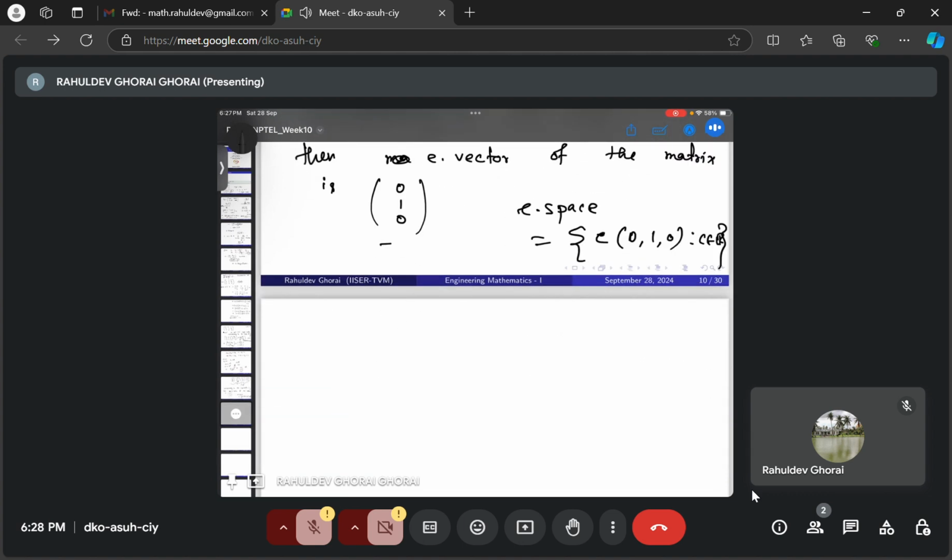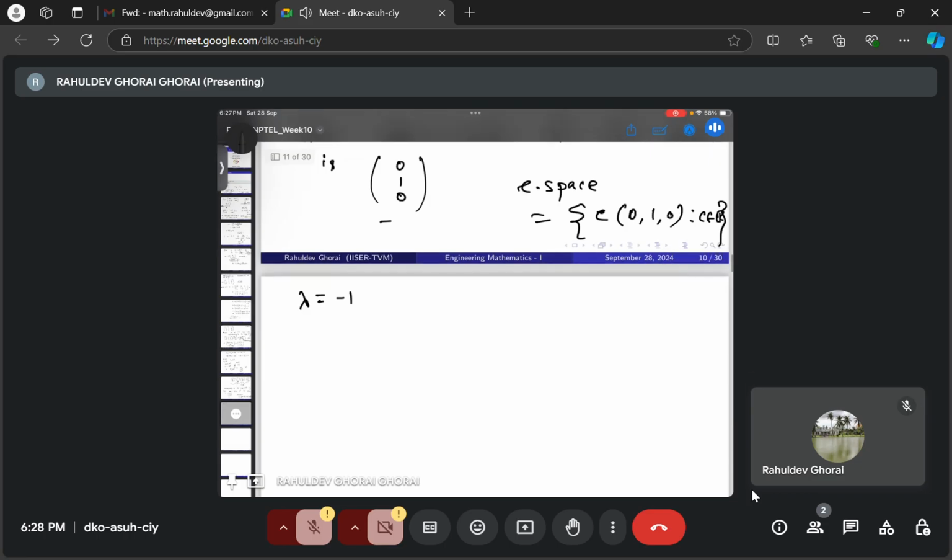Let us compute the eigenvector corresponding to lambda. I'll show you some observation, so I'm again calculating for lambda equal to -1. When lambda is equal to -1, let's say the eigenvector is (x1, x2, x3) transpose.